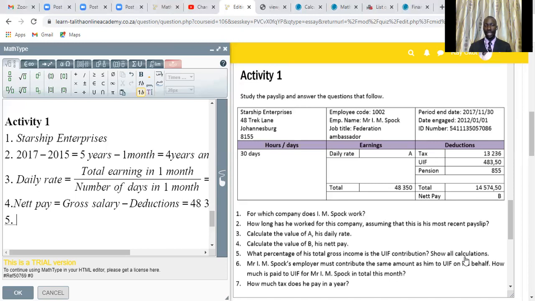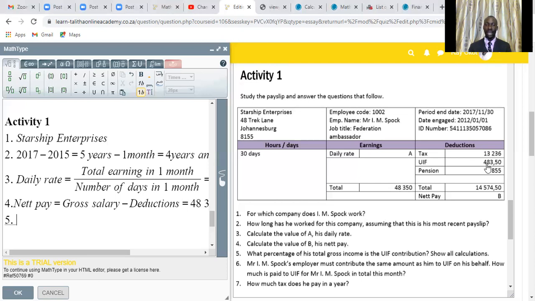Well, UIF is 483.50. So the question is, what fraction of his total earning, which is the gross income here, is that? What fraction in percentage?